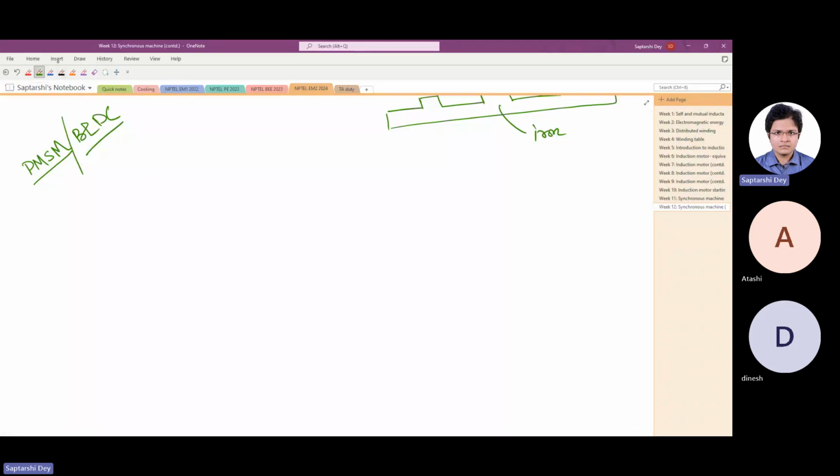This is something that is interesting. In PMSM or BLDC, as we discussed that day, they don't have winding on the rotor, they have permanent magnets.